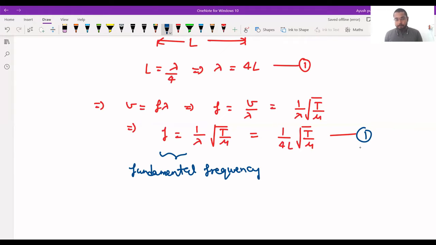Or we also call this the fundamental mode, or the first harmonic.